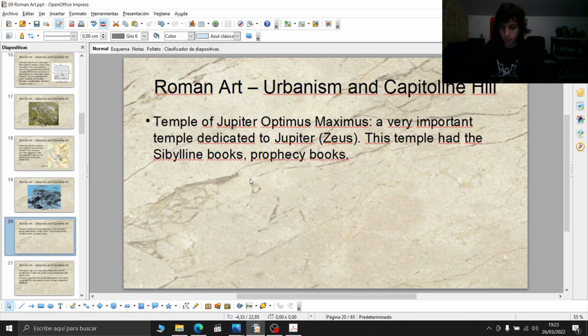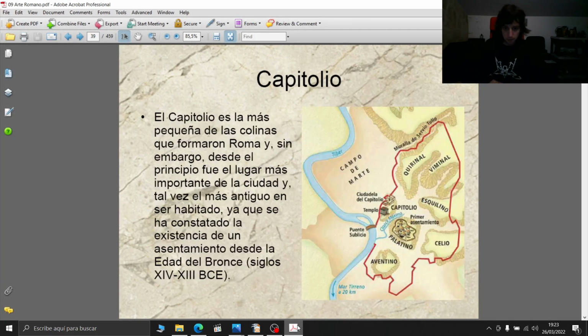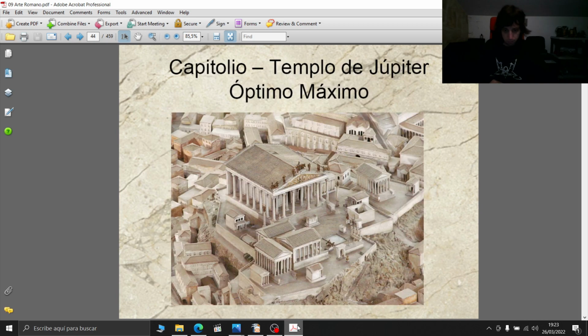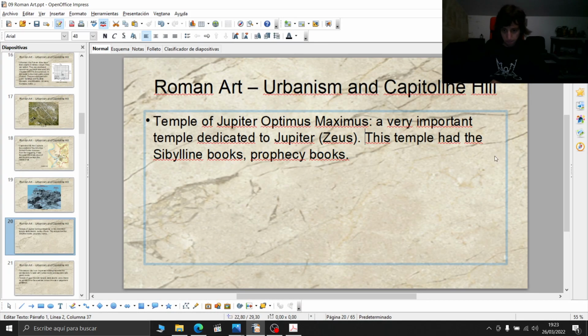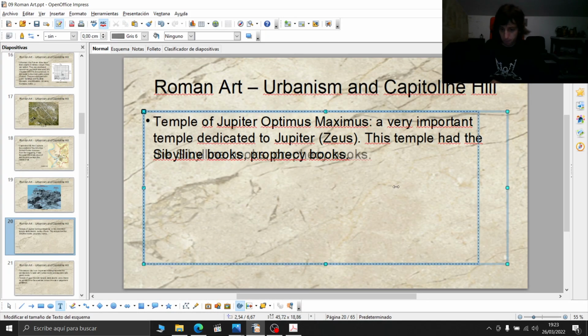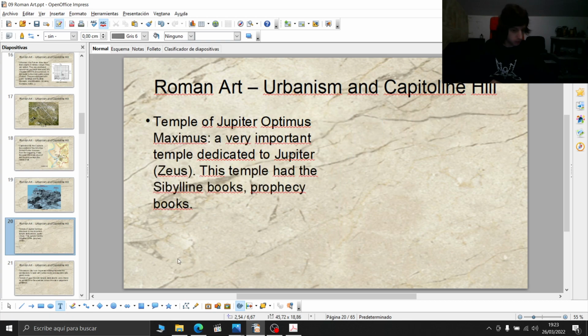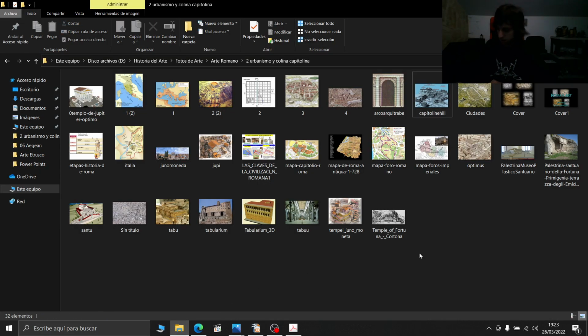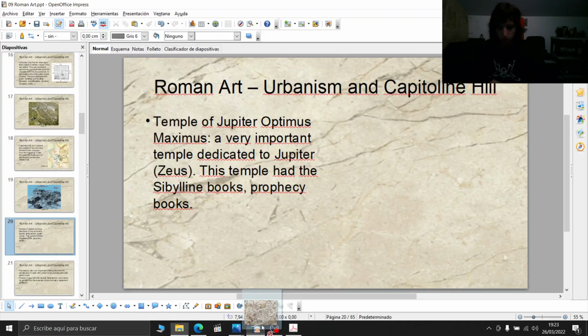Temple of Jupiter Optimus Maximus, a very important temple dedicated to Jupiter, Zeus. This temple had the Sibylline books, the prophecy books. Most of the things in this art chapter are going to be architecture.